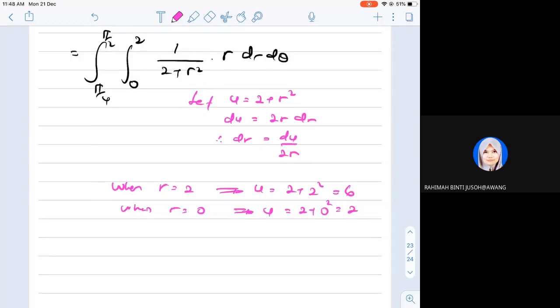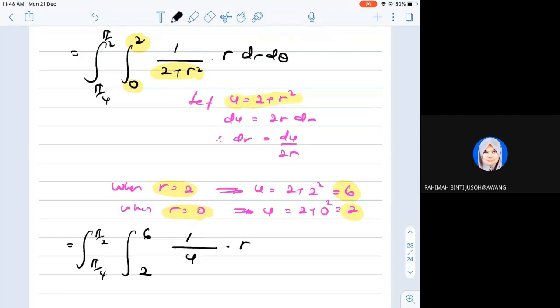Okay, so we can change this. As usual, the angle is maintained, pi over 4 and pi over 2. We just change this one. So r equals to 2 changes to u equals to 6, and r equals to 0 gives u equals to 2, so 2 down here. After that, 1 over 2 plus r squared is 1 over u, multiplied by r.